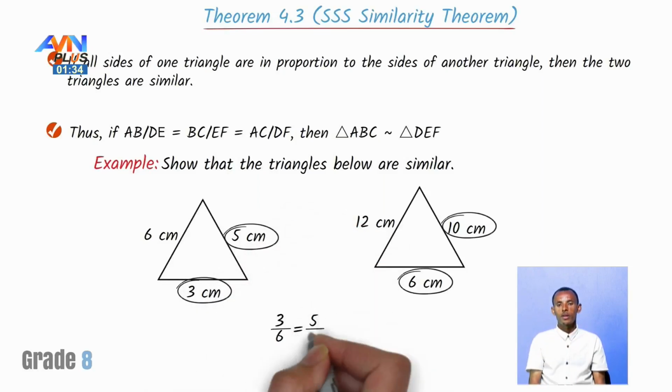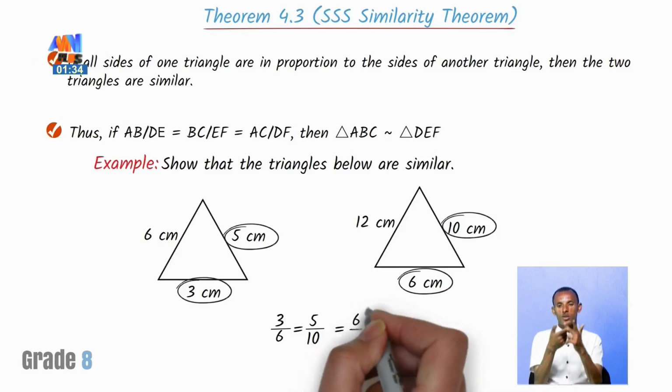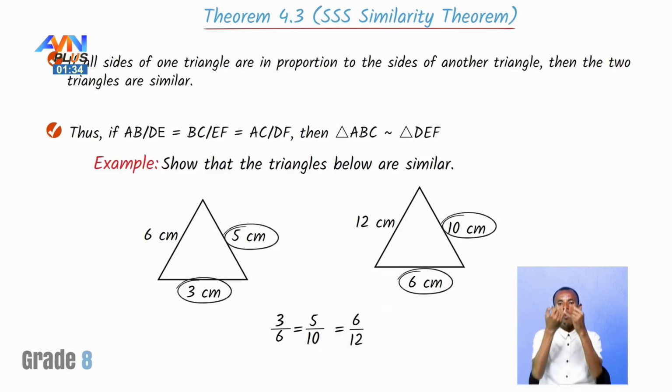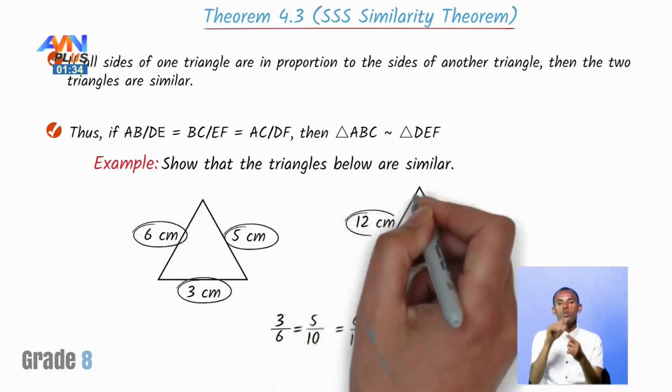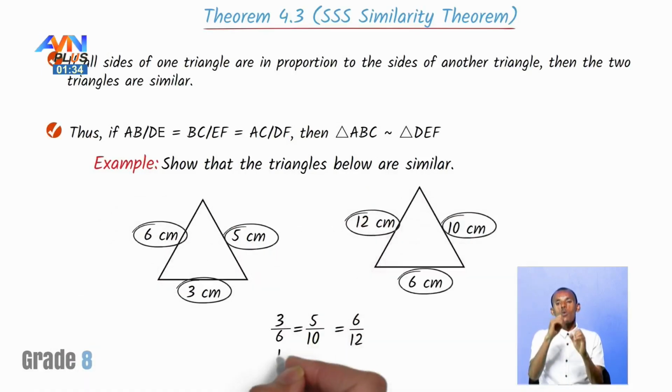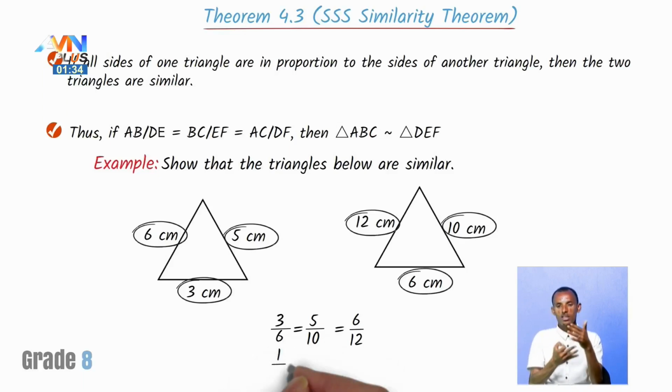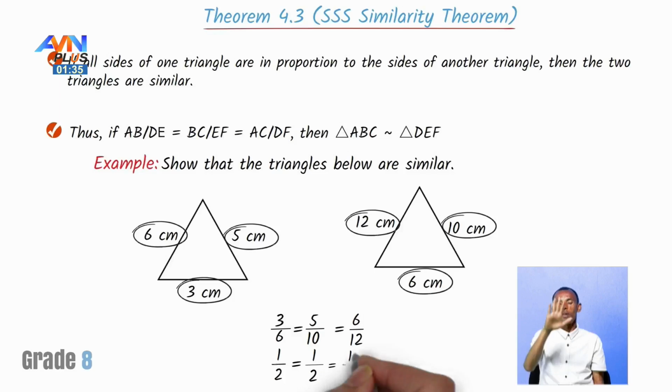You need to compare 5/10, and lastly compare 6/12, okay? Now, to be able to compare these three fractions, you need to convert them to their simplified form. So the simplified form of 3/6 is 1/2, and this is 1/2. This is also 1/2, okay?